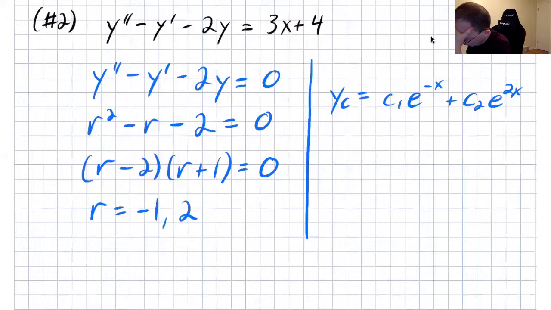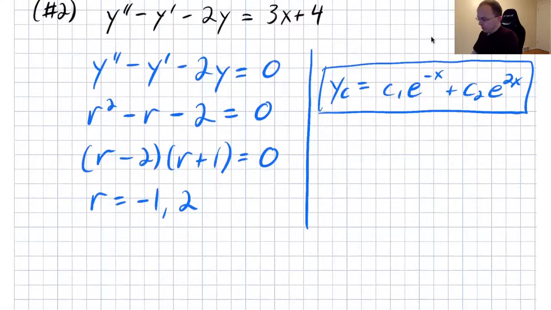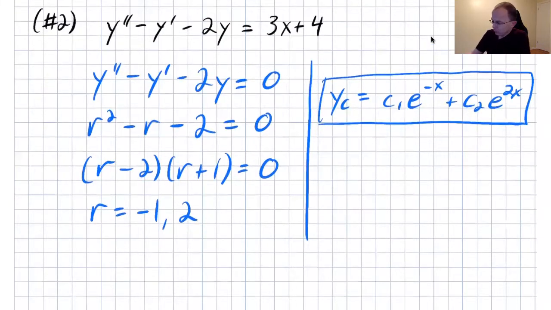So there's our general solution of the homogeneous equation. Okay. So remember, if we have any possible term that we're going to use in our particular solution, if it matches like this or this, then we're going to reject it and replace it with something else.